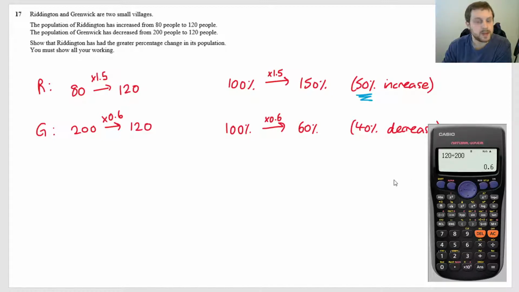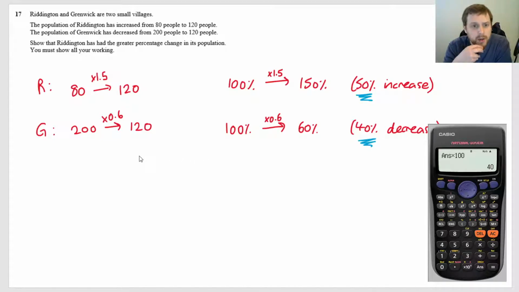And if we apply the other method that I just talked about, it's gone down by 80, and 80 out of 200, made into a percentage, is 40%. So again, you get 40. It's 40% of the original that has been taken off, which means it's a 40% decrease.